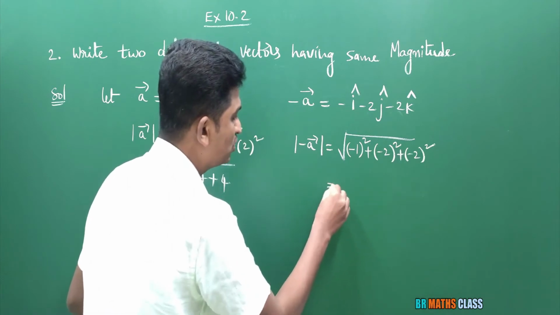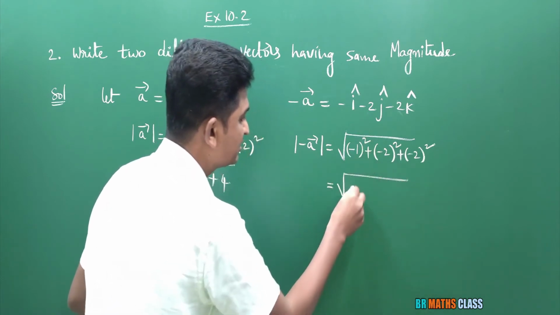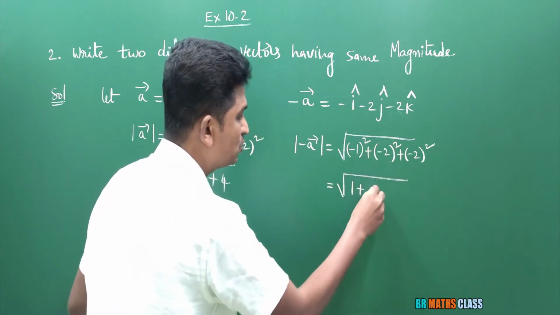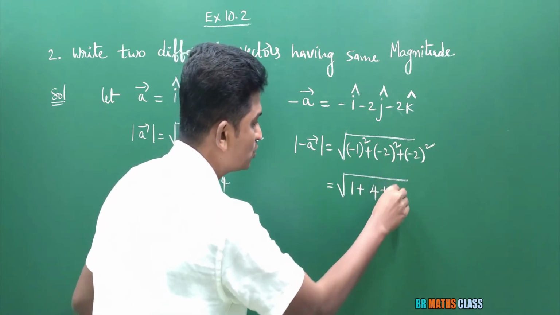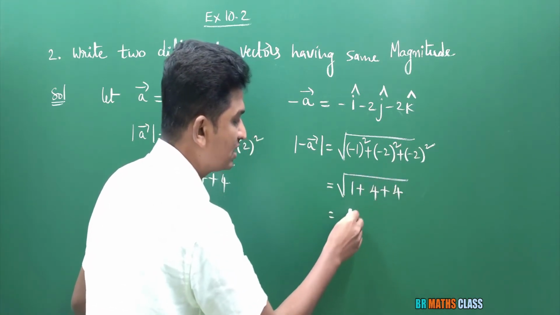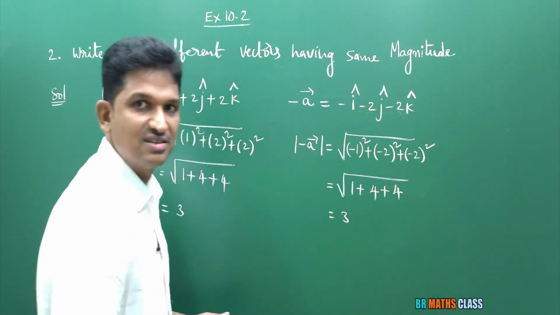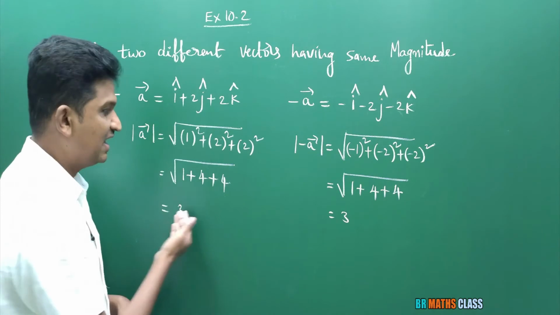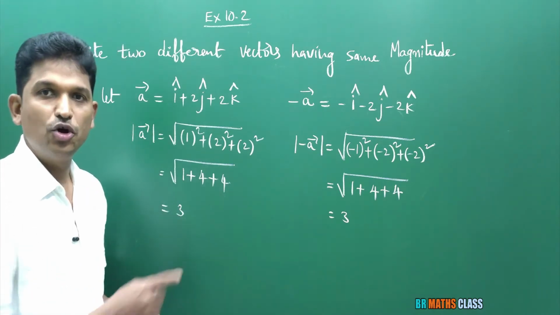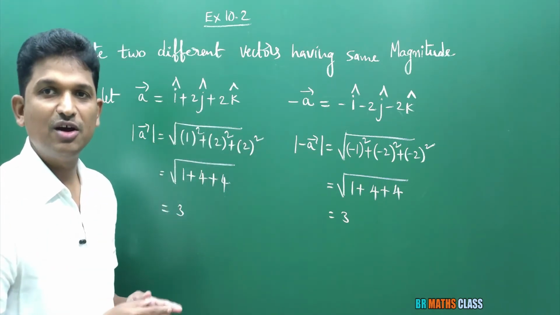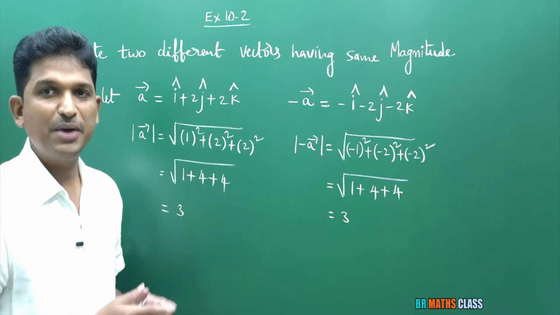What is minus 1 whole square? As whole square is there, this minus will become plus only. Minus 2 whole square is 4. Minus 2 whole square is 4. This is root 9. What is the value of root 9? The value of root 9 is 3. You can observe here, they have the same magnitude. Therefore, a bar, comma, minus a bar are different vectors with the same magnitude.